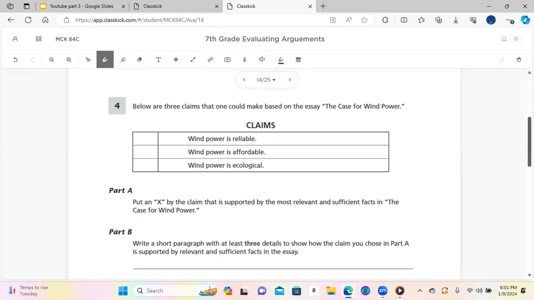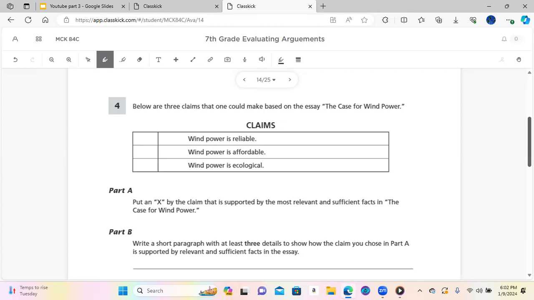Let's look at wind power is affordable. Based on the text, it mentioned that wind power would prove to be very expensive based on the different resources that would have to be purchased. And the author explains that wind power will eventually be more affordable, but it currently requires significant investments in infrastructure.